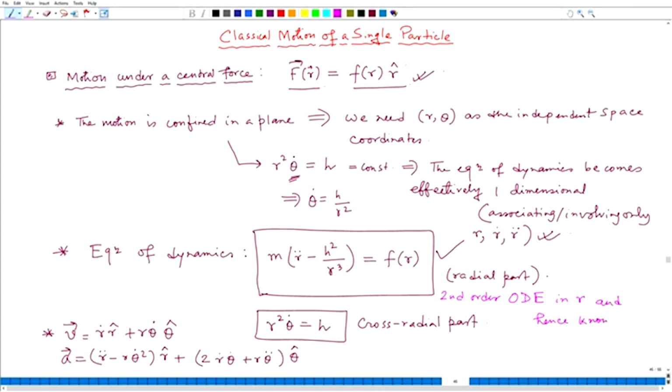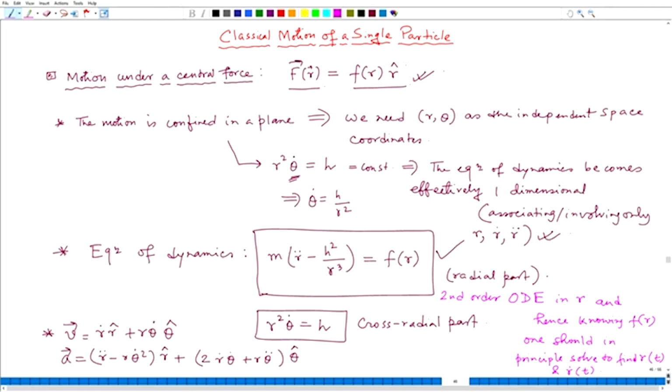knowing f of r, one should in principle solve to find r as a function of t and also r dot as a function of t.